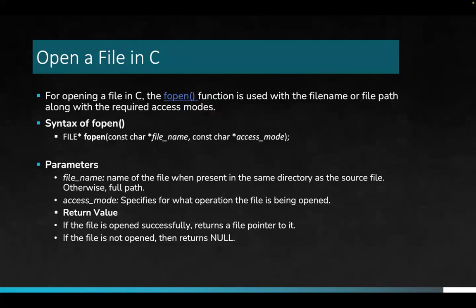If the file is opened properly, the file pointer will access all the content present inside that file. If not, it returns a null pointer, and we should understand there are some difficulties accessing that file.